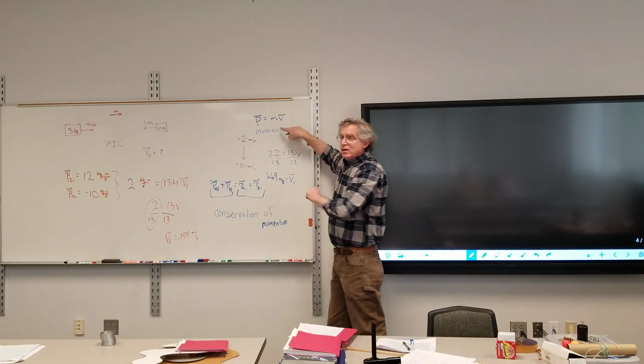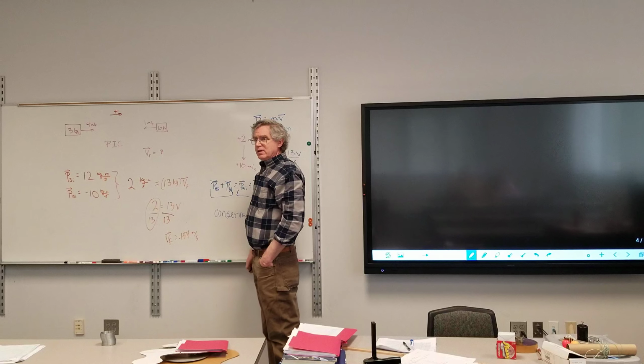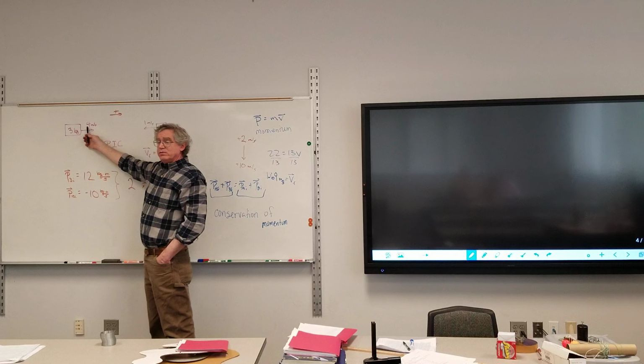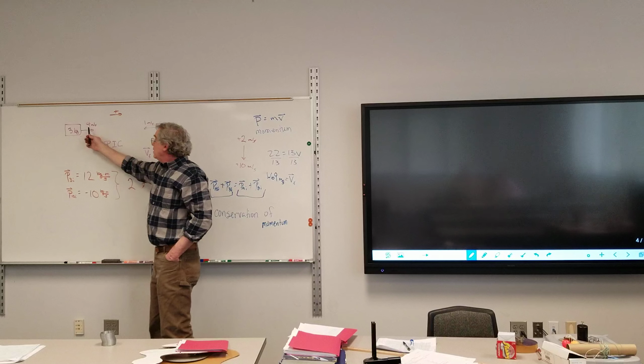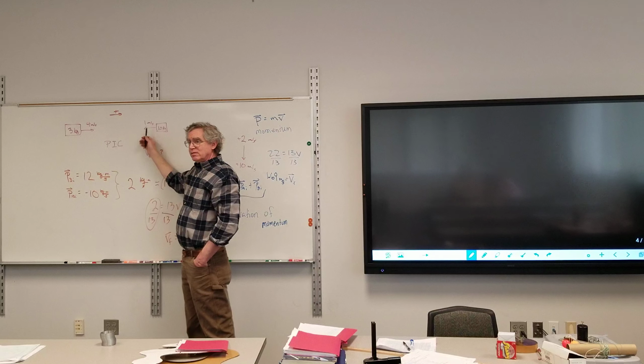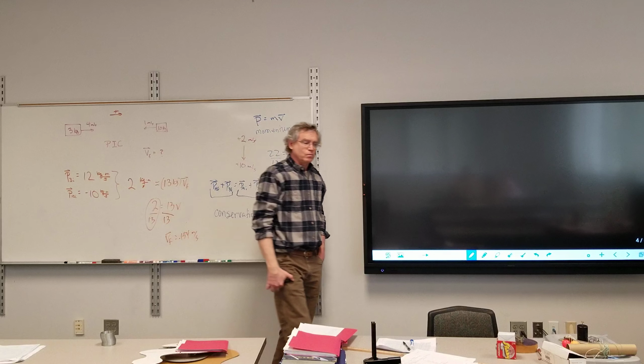So they're both positive or both negative. Okay, but in this one, we had one negative. The velocity was positive, so the momentum of this was positive. Here, the velocity is negative, so the momentum was negative. Okay, so looking at the individual values. Gotcha.